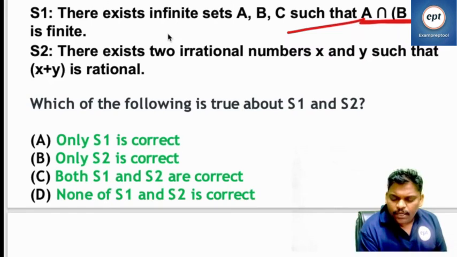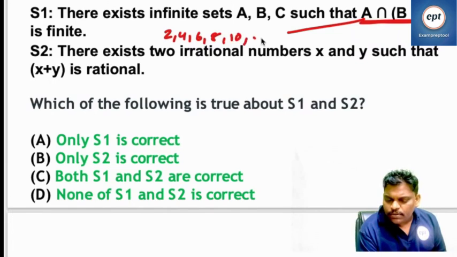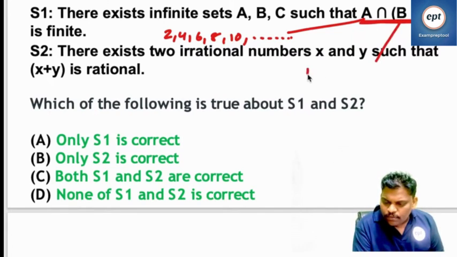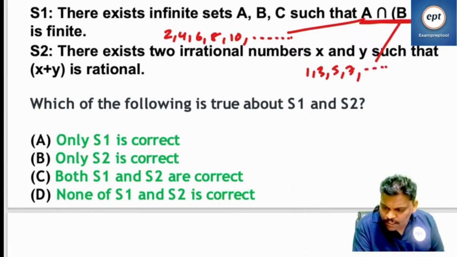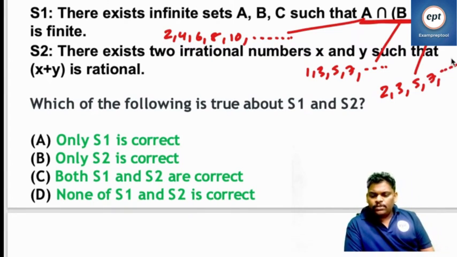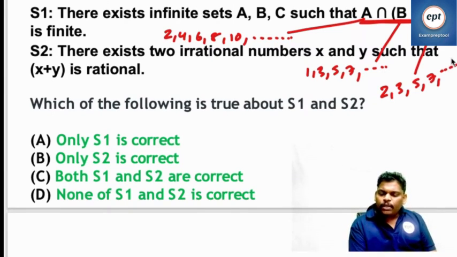So assume, everyone listen. Let us assume A is even numbers: 2, 4, 6, 8, 10. B is odd numbers. C is prime numbers. So can you help me?